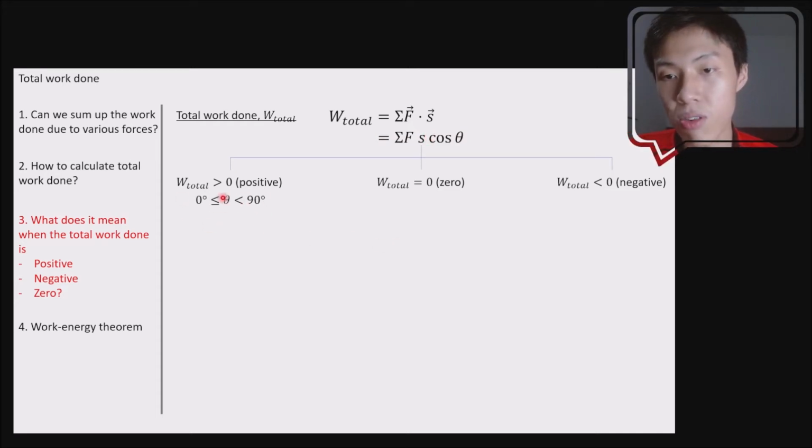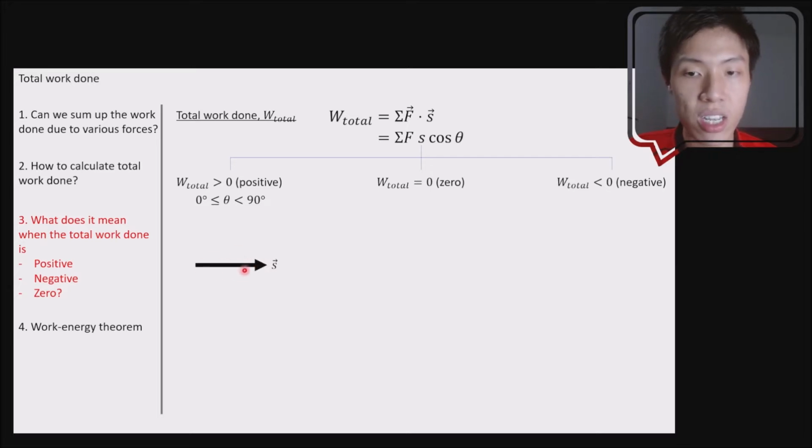So that will be the range for your angle. And if your displacement is pointing to the right, you should expect your net force to be in this direction, the same direction as the displacement, or it can be anything like this, as long as if you resolve this net force, it has a component that points in the same direction as the displacement. Then your work total will be positive.